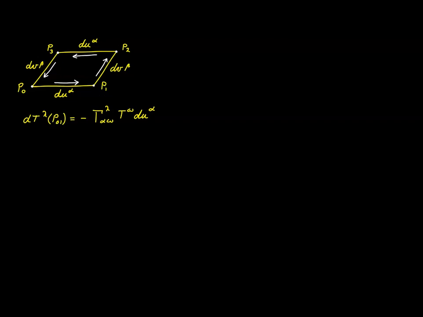All right, well, let's move on and find the change of the vector as we move from point P1 to P2. So using our notation, we'd say that the change of vector t lambda from point P1 to P2 is going to be exactly the same form as this. It's a parallel transport, but I will use different indexes this time.